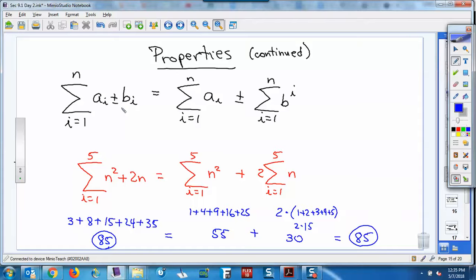I don't know how important it is to put the stuff in red there, but I'll give you a chance to copy down if you want to. But that's just an example of how these formulas can work. I get it if you're looking at it and say, well, why would you want to do that? It looks like more work, right? I mean, the stuff on the right over here looks like more work than what this would be. Where these would come into play is if this said i equals 1 to 100, okay?